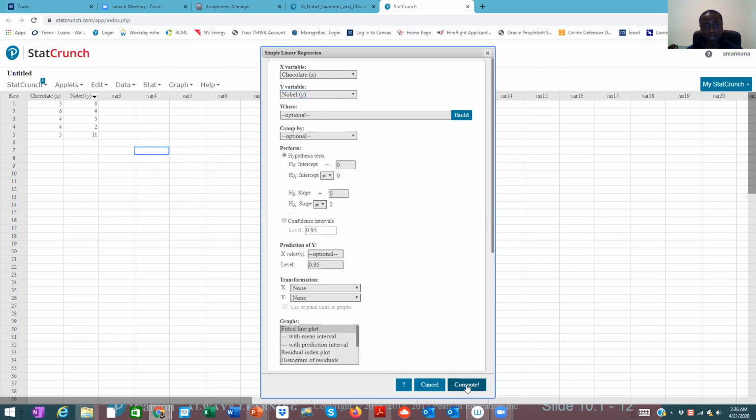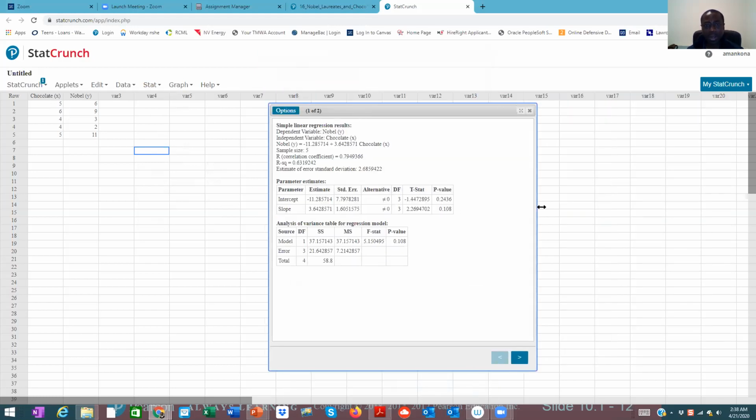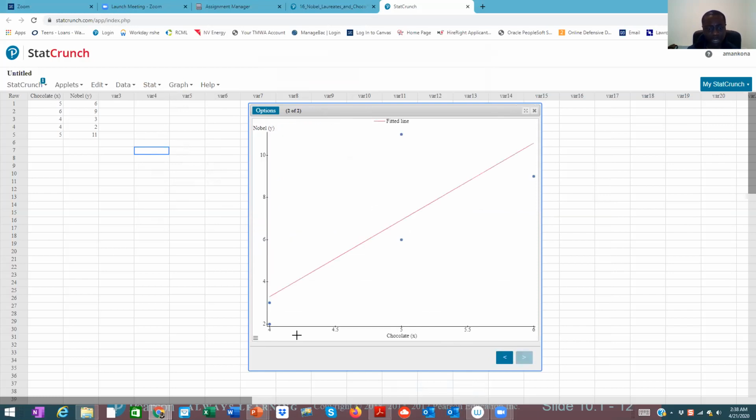Let's compute. And this is our output. The output comes with 2 things. It comes with the scatter plot. If you go to the next page, with the line of best fit, and you put your cursor on it, it highlights the equation, the regression line, the equation of the line of best fit, which we'll talk about more in section 10.2.